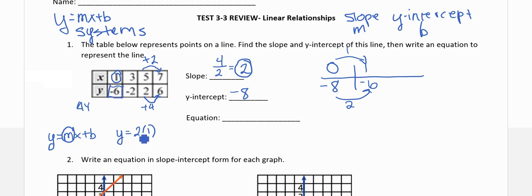So y equals 2 times 1, which is 2, and I need to get to -6. So I need to take away 8 to get to -6. So my y-intercept is -8. This also helps me find my equation: y equals 2x minus 8.